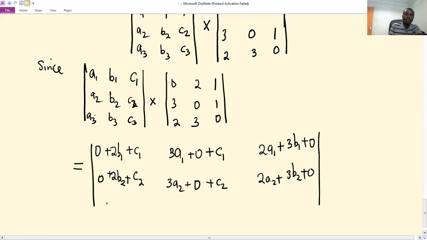A3 times 0 is 0. B3 times 2 is 2B3. C3 times 1 is C3. A3 times 3 is 3A3. B3 times 0 is 0. C3 times 1 is C3.